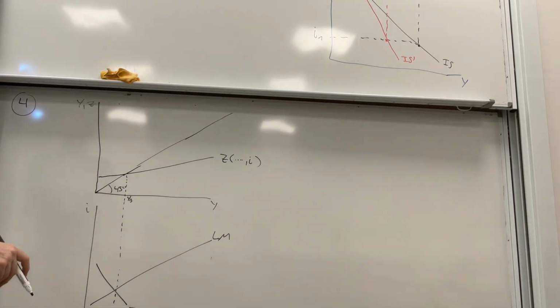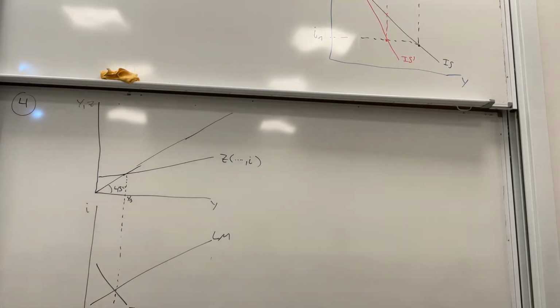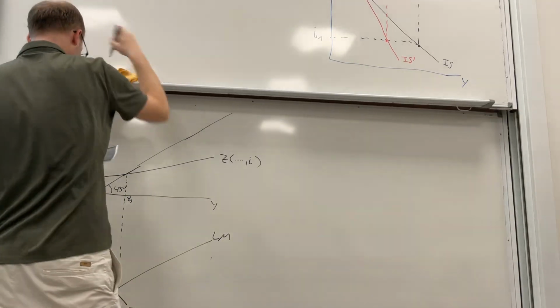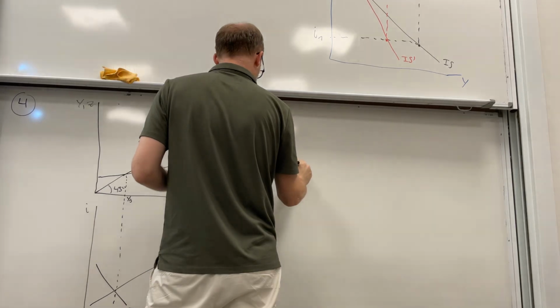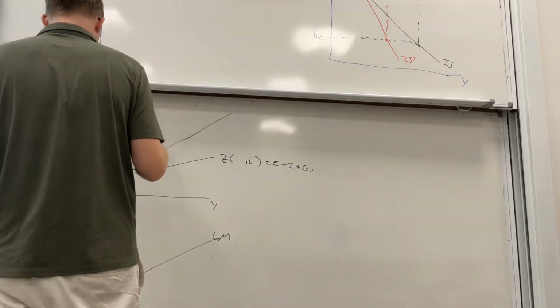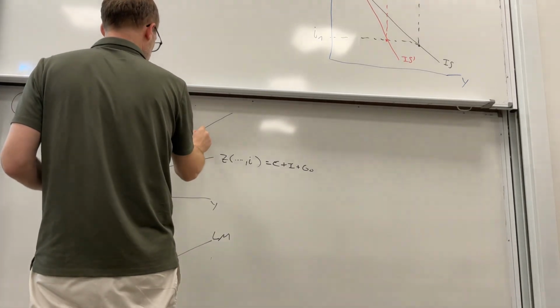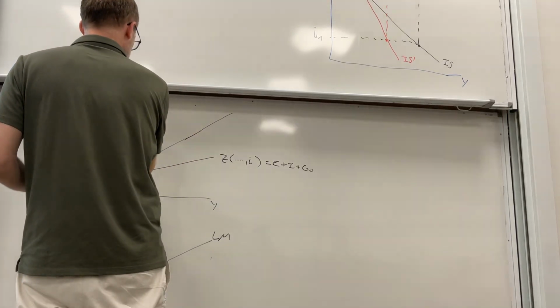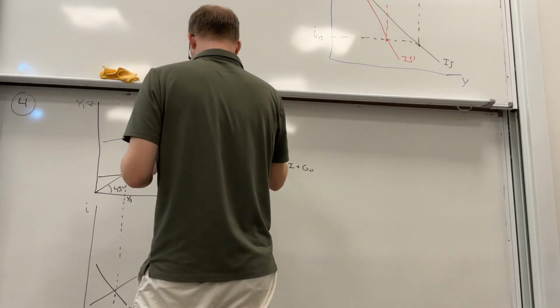Okay, so now we want to look at this government spending multiplier. C plus I plus G0. Let's shift this up.